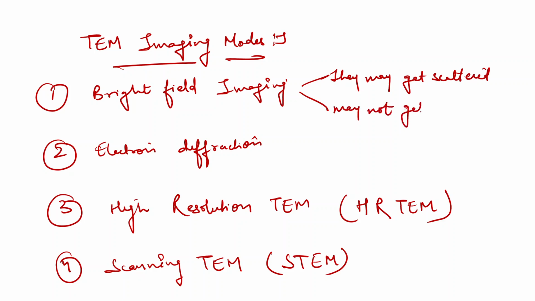There are two possibilities. If they get scattered, then again there are two possibilities: elastic scattering or inelastic scattering.